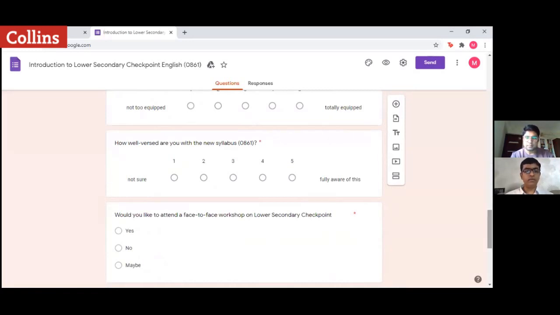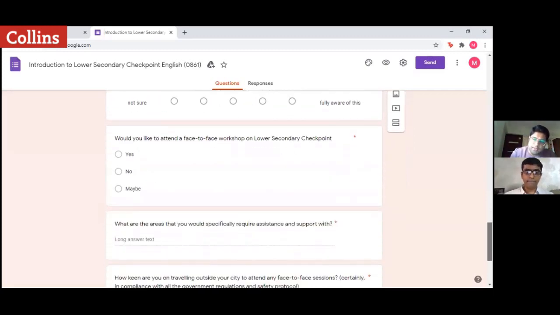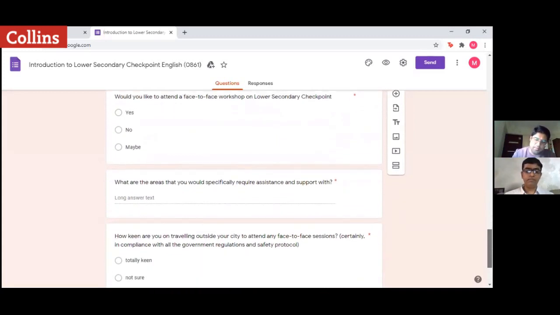So we at Collins would like to extend this opportunity to all the teachers and schools present here, so that you fill in this form, tell us where your gaps are, and Abhinandan sir and any member of our team would be coordinating with you, and we can have a face-to-face workshop of the lower secondary checkpoint for English, and eventually for IGCSE first language English and English as a second language.